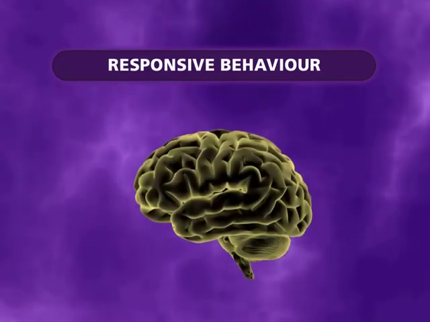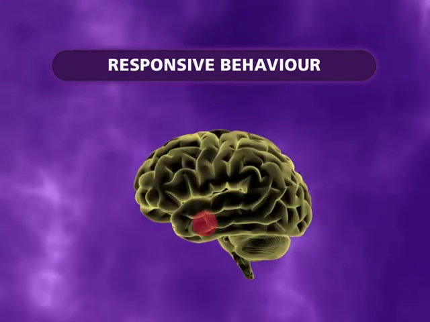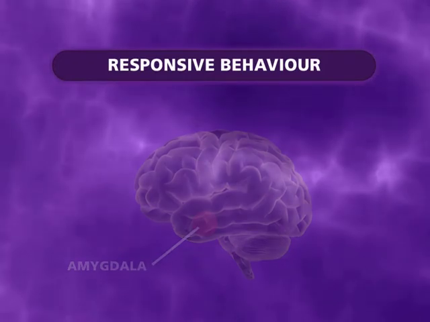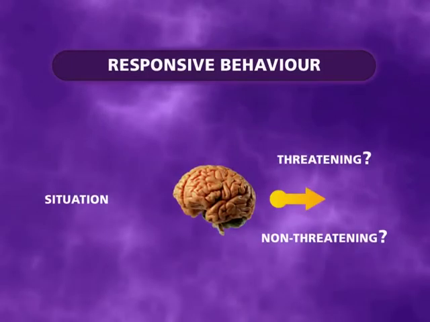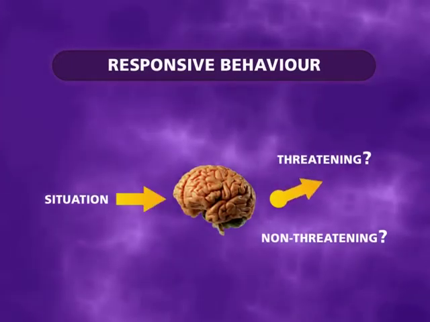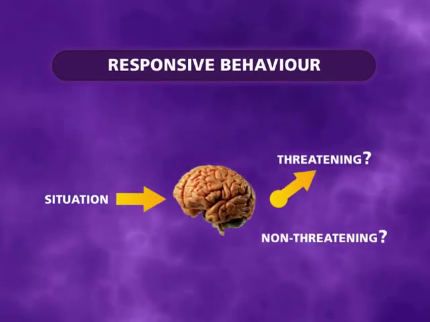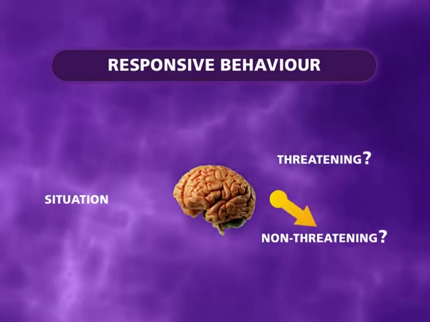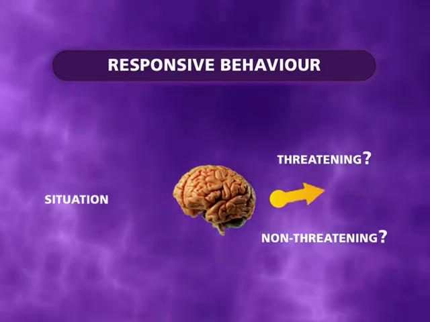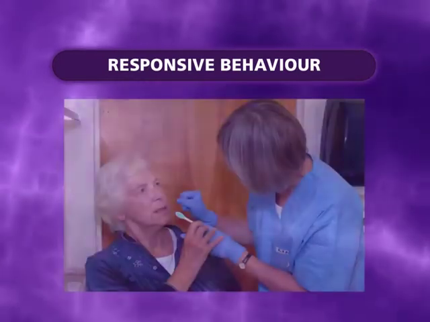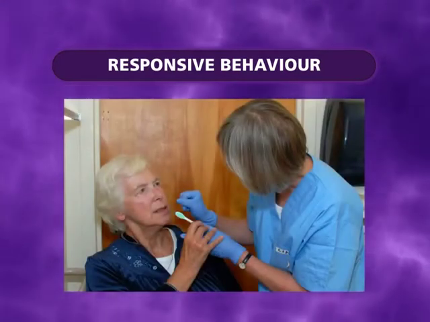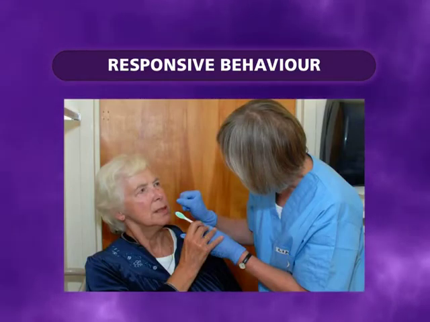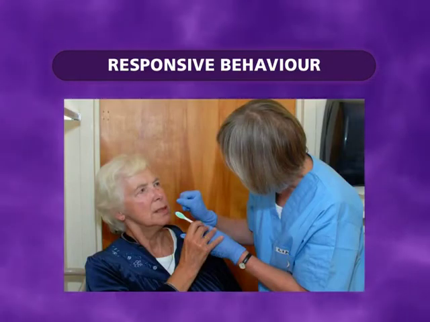Also, dementia often affects the part of the brain that controls threat perception, the amygdala. When this happens, it becomes difficult for the person with dementia to distinguish between threatening and non-threatening situations. They may misinterpret the actions of others. Therefore, people with dementia may have a fearful reaction to a non-threatening situation, such as someone attempting to brush their teeth.